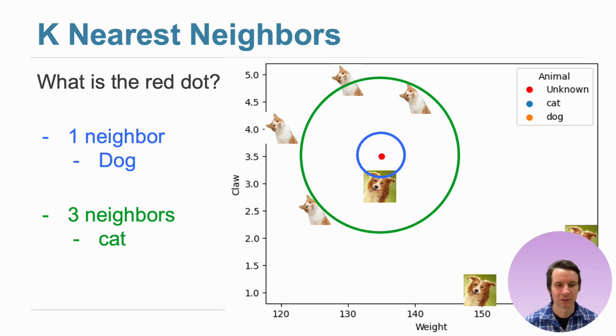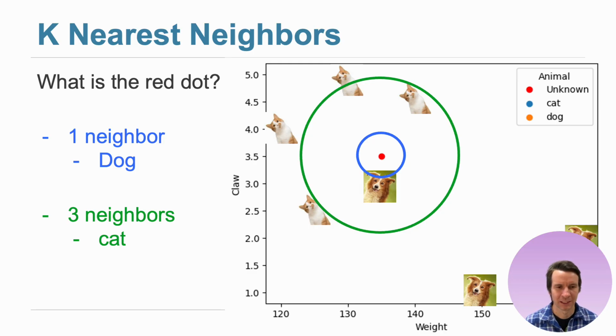Or you can say, oh, let's look at three nearest neighbors. So I look at the three nearest neighbors. The three nearest neighbors are one dog and two cats. And then cats have a majority, so we would classify it as a cat. Right? Here we are experiencing something where it is not obvious what the answer should be, and it is not immediately correct to say that the red dot is a dog, and it's not immediately correct to say it is a cat. The data are ambiguous, and based on your classifier you may go either way.